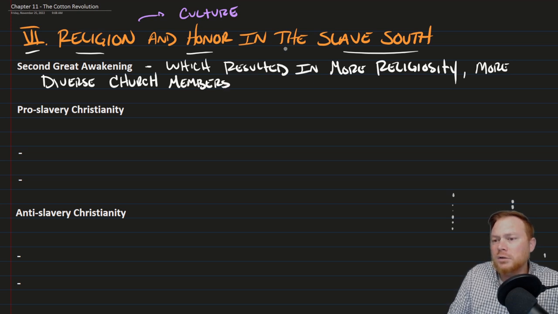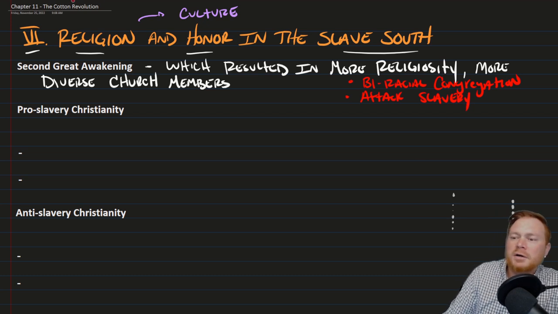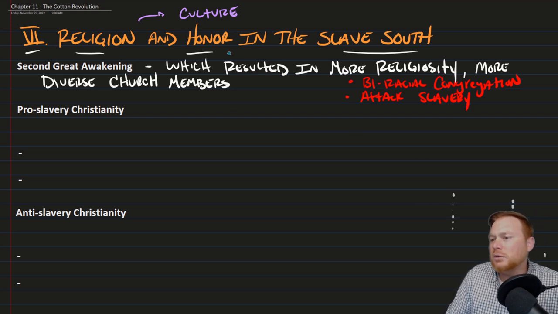And early on, some of these churches that were inspired by the Second Great Awakening actually were biracial, and could at times attack slavery, using the message of God and equality in the eyes of God, and the reasons why Christian theology could be understood as being anti-slavery.